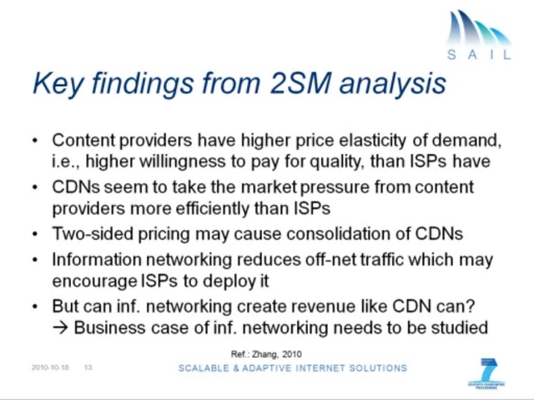The other thing was that CDNs seem to take market pressure from content providers more efficiently than ISPs do. By this I mean that ISPs do not see the pressure for better quality that comes from content providers, but it goes to content delivery networks.